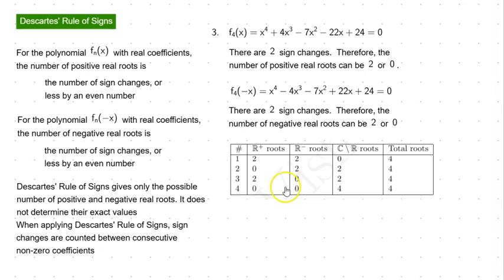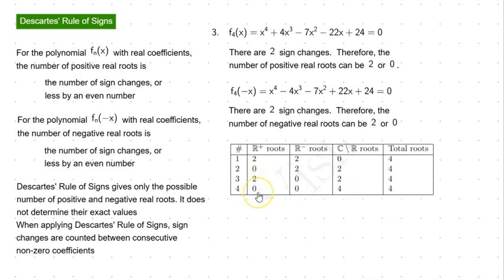Now, let's look at the possibilities. Total roots are 4. Positive real roots, if it is 2, then 2 negative real roots. If 0 positive real roots, then 2 negative real roots, which means 2 are remaining, they will be the complex conjugates. Now, if again 2 positive real roots and 0 negative real roots, then 2 will be complex conjugates.